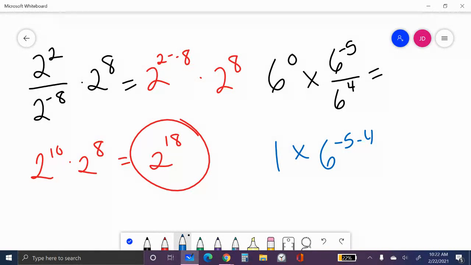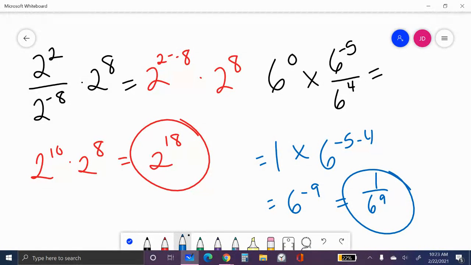And anything times 1 is itself, so it's basically just whatever this is. So 6 to the negative 5 minus 4 is 6 to the negative 9th, which, remember, negative exponent, we got to flip it, 1 over 6 to the 9th.